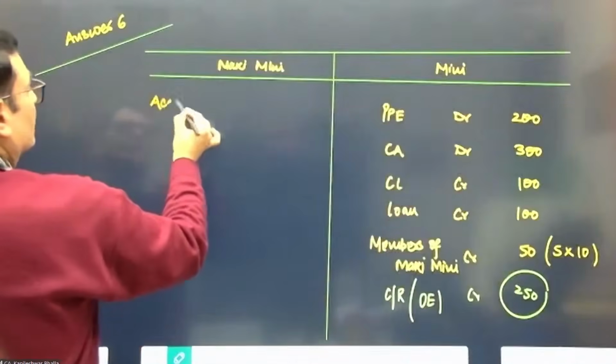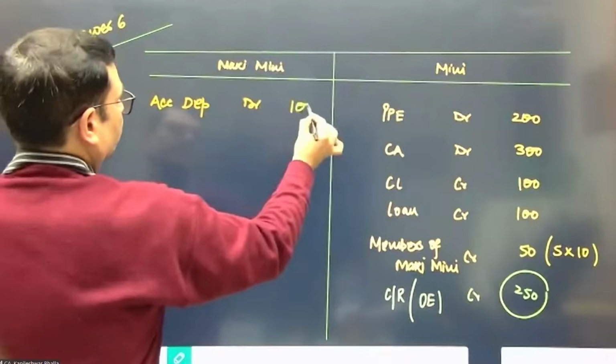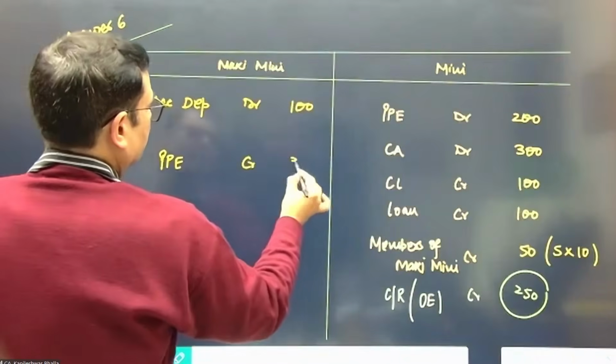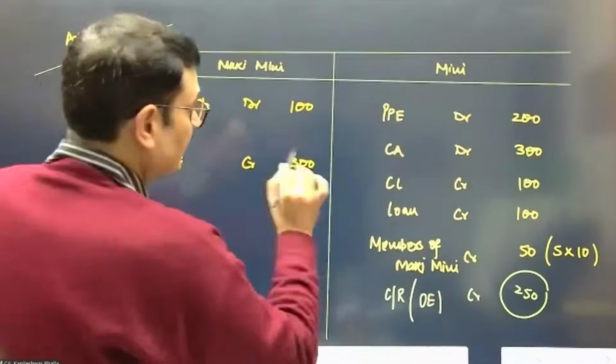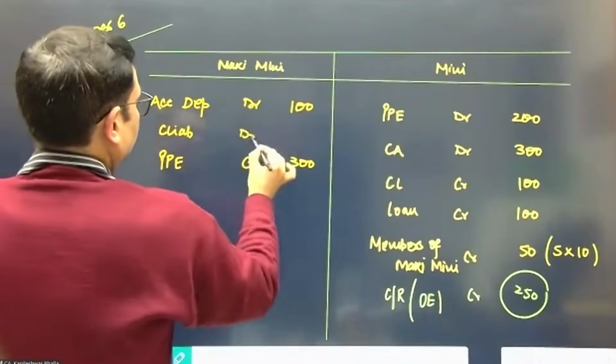So let's do one thing, close the accumulated depreciation. That is 100. And give a credit to the PPE. That's the cost. The net effect, of course, is 200 in this case. Then we can close the current liabilities. That is 100.